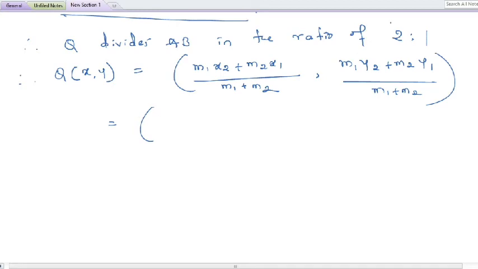It is M1, M2. M1 value 2, x2 value. So, take the coordinates of A and B.